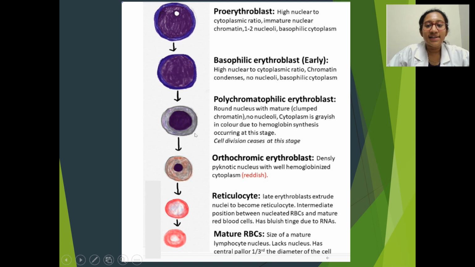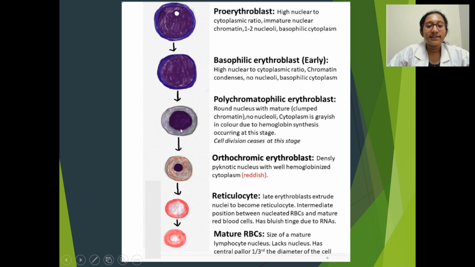So as hemoglobin production starts, there is a difference in the color of the cytoplasm. From blue it will turn into a grayish tinge. Because of this basophilic color plus hemoglobin, which is generally pinkish in color, the mixture of these two hues produces the polychromatophilic cytoplasm.